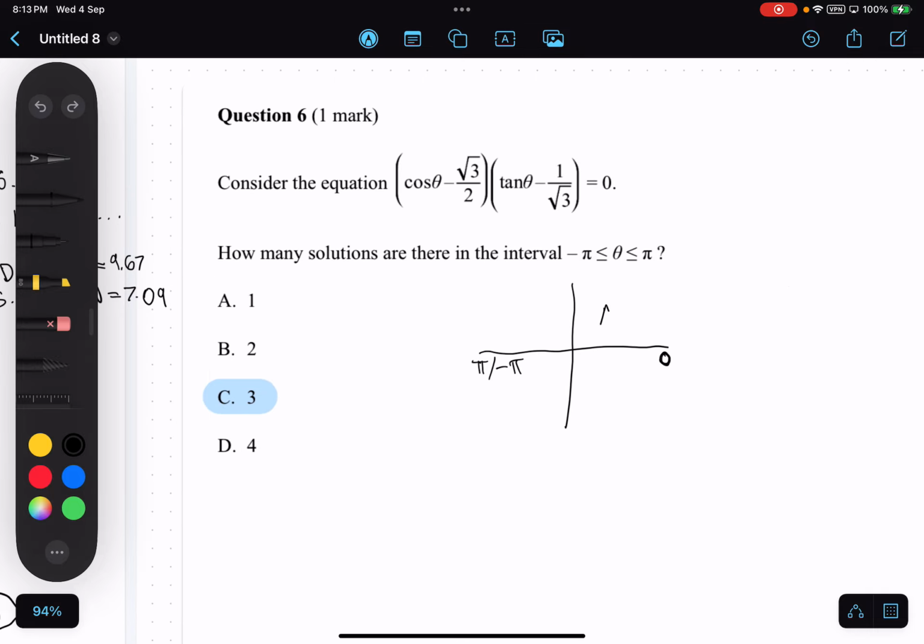Alright, so if we consider each of the brackets separately, cos theta minus root 3 on 2 is going to equal 0. And if we move root 3 on 2 to the other side, cos theta equals root 3 on 2.